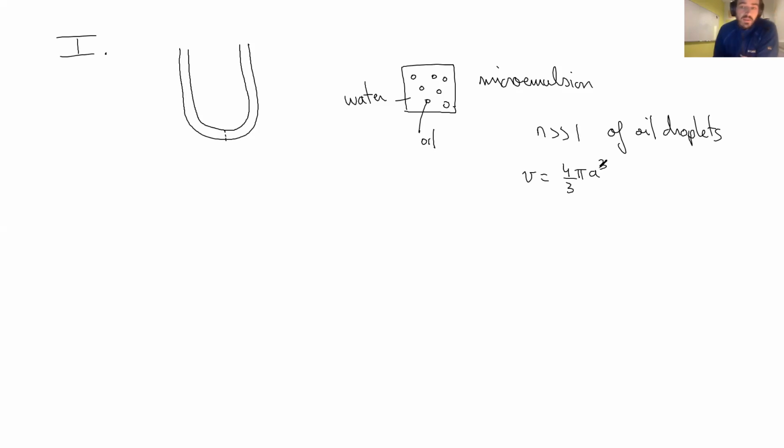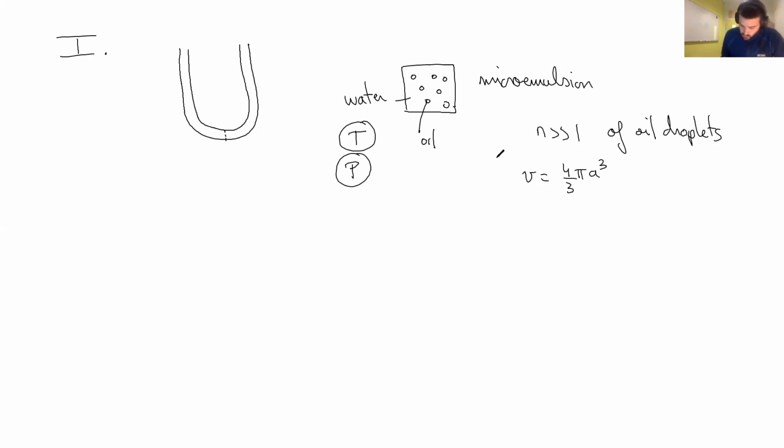We don't know yet the radius of such droplets, but we will calculate it. We put that at a temperature T, of course, and at an external pressure P, which is fixed here. And beside that, we assume that there is no volume of mixing.